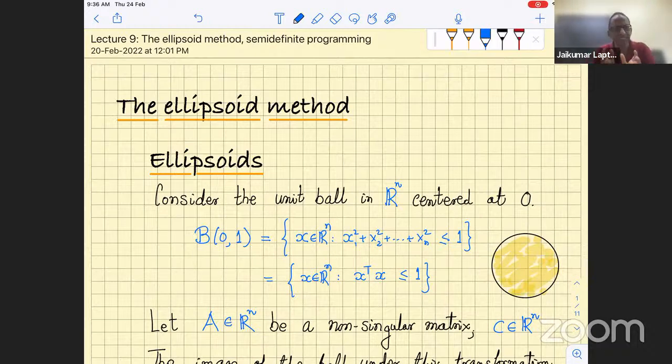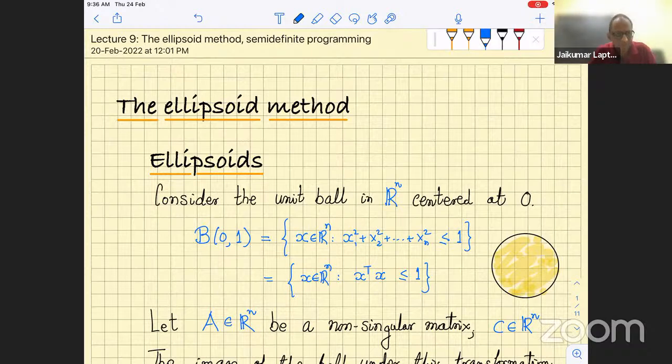So some facility with manipulating positive semi-definite matrices will be useful there also. Okay, so if you have time, use this opportunity to look up Shriver's book.